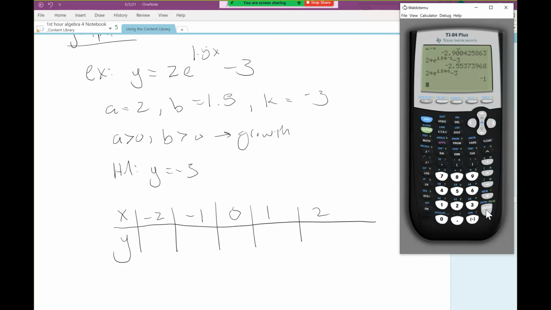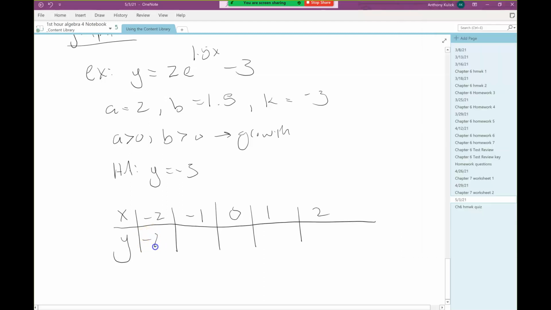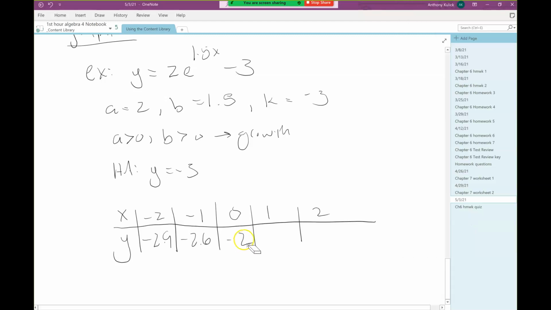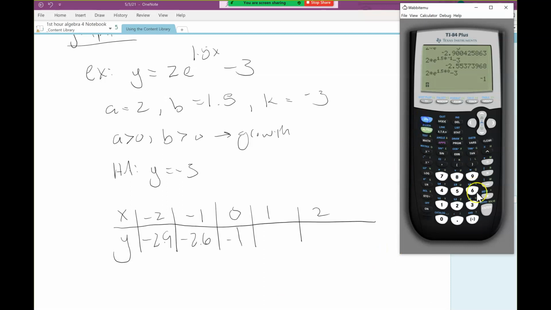Negative 1. I should probably start writing this down. Last one in here, that's about 6-ish. And then 37-ish.